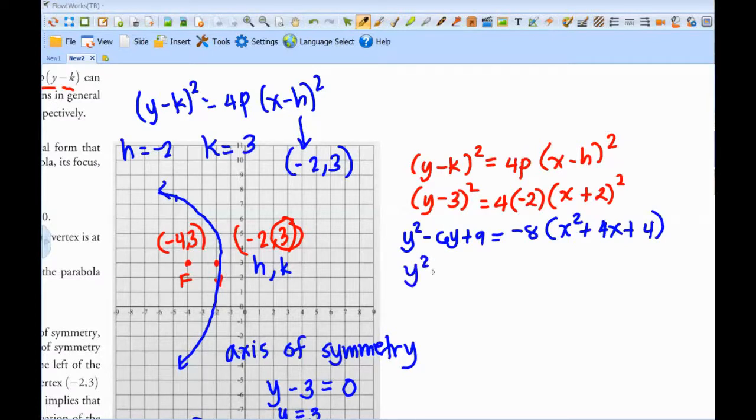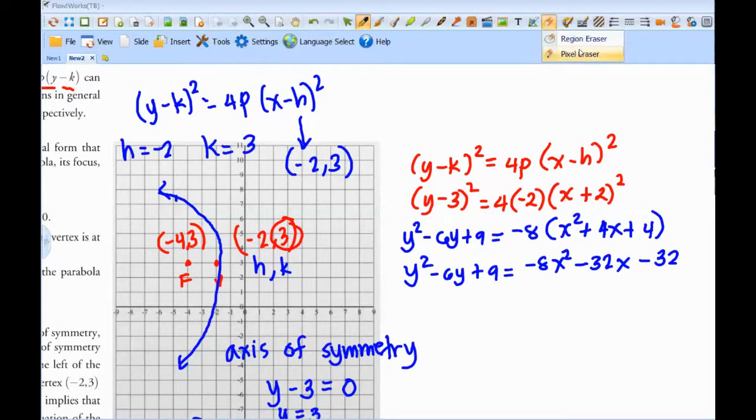Then we remove the parentheses, we just distribute negative 8 to the binomial. Why do we have squared? We only have one. It should be only this.